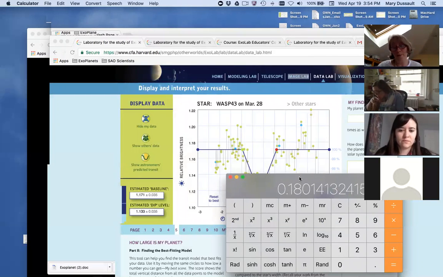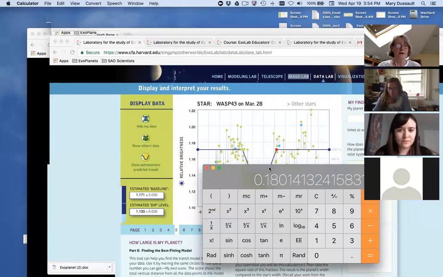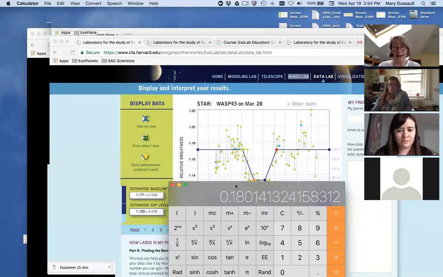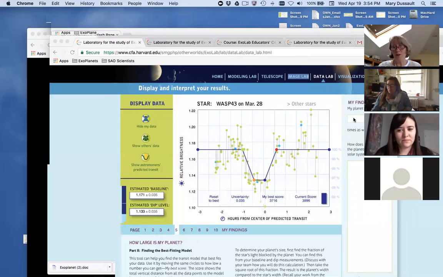So it's very big, a larger than Jupiter-sized planet that you can actually get an estimate for within the data lab. And that is what students would fill in here.